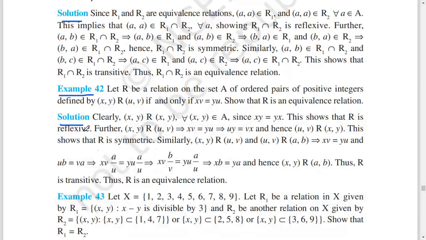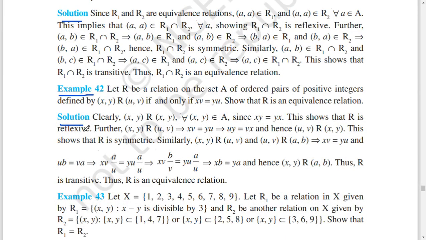Clearly (x, y) R (x, y) for all (x, y) belongs to A, since xy = yx. This shows that R is reflexive. Further, (x, y) R (u, v), that is xv = yu and uy = vx, and hence (u, v) R (x, y). This shows that R is symmetric.